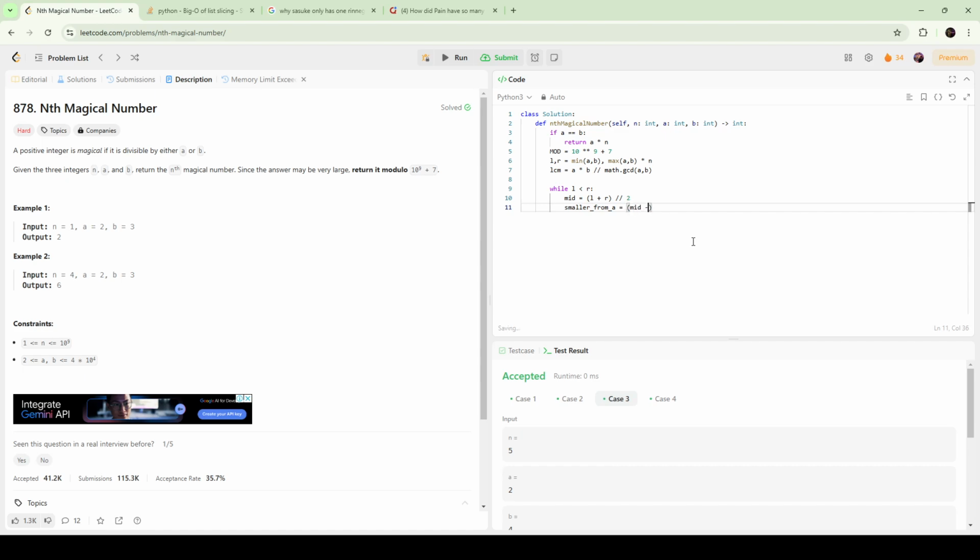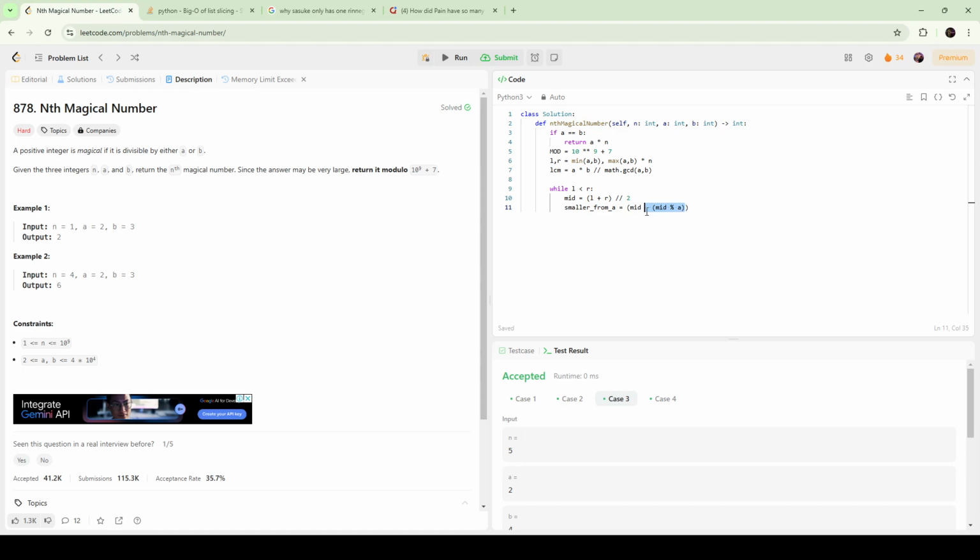mid mod A. The midpoint is not always going to guarantee that it's going to divide A entirely. So you need to find the upper bound of the midpoint that is going to be divisible by A, right? This is how we are going to do it.